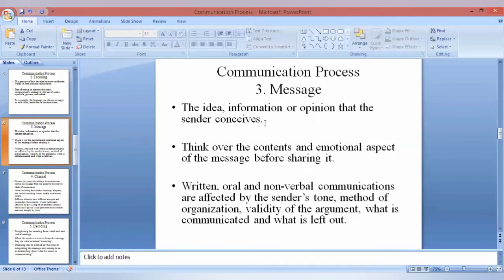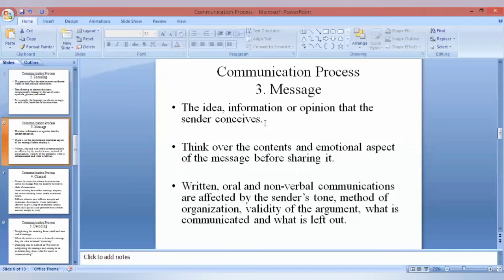He encodes it, right? Gives it a proper shape in the form of a verbal or non-verbal message, and that message is composed of ideas, information, and opinion, which come out from the mind of the sender. So always think over the contents and emotional aspect of the message before sharing it.